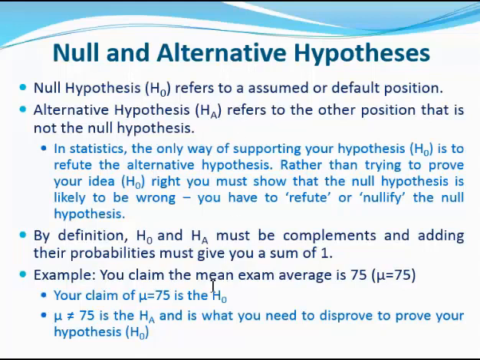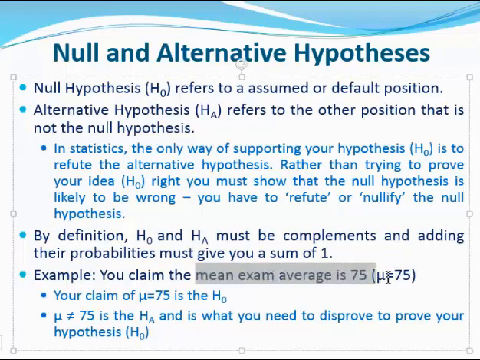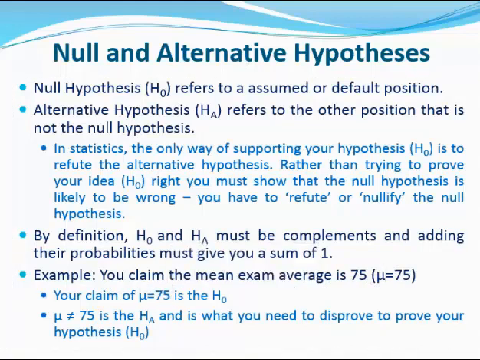Let's take a very simple example, then we'll look at more complex examples a little later. I claim that the mean exam average, the mu over here, is 75. My claim that the exam average is 75, that's the null hypothesis. That's the H0. That's my claim. That's the default position that we're going to be looking at.